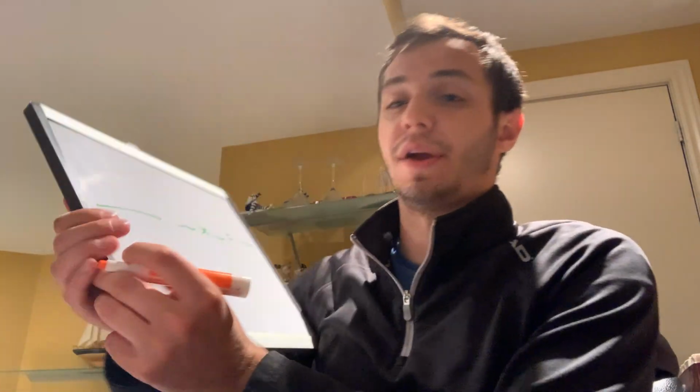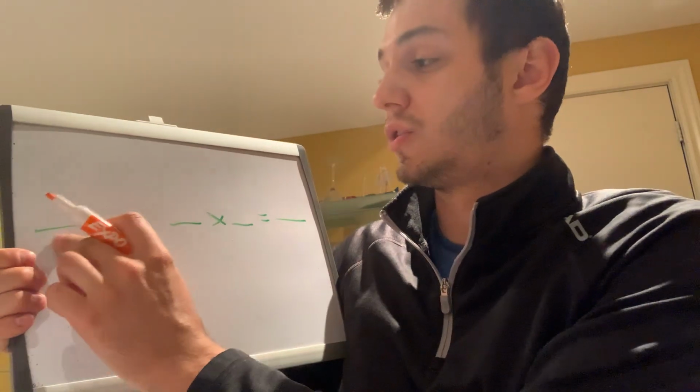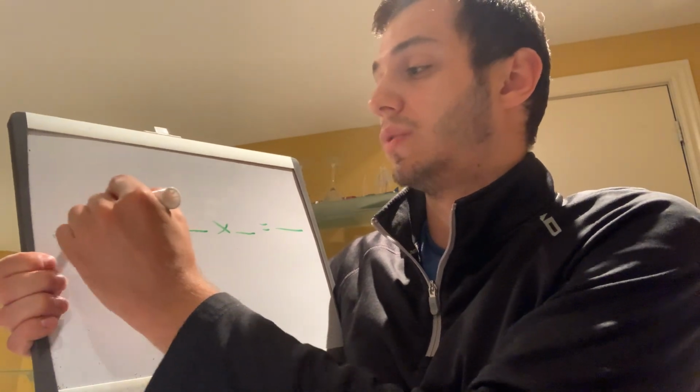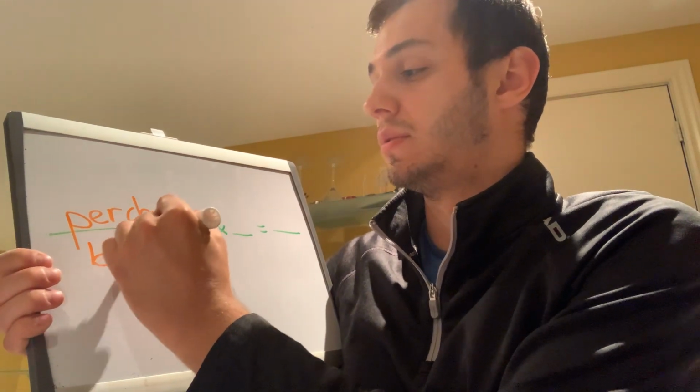So if we look at part A, it tells us there were 7 perch for every 9 bass. There were 963 bass. How many perch were there? Right, so the two things we're comparing is perch and bass. So in our first long blank, that's where we'll write those two words, perch and bass.